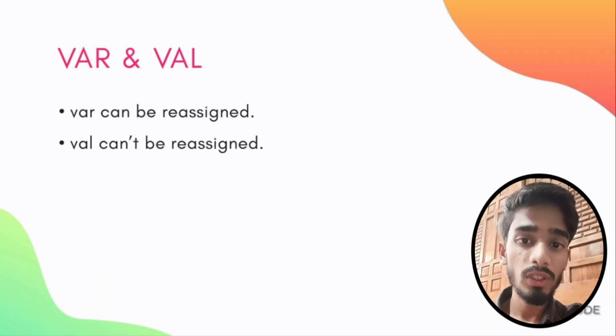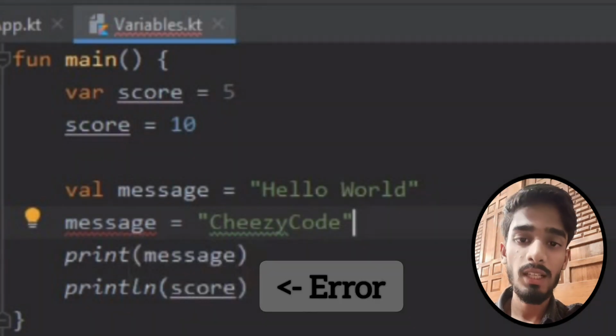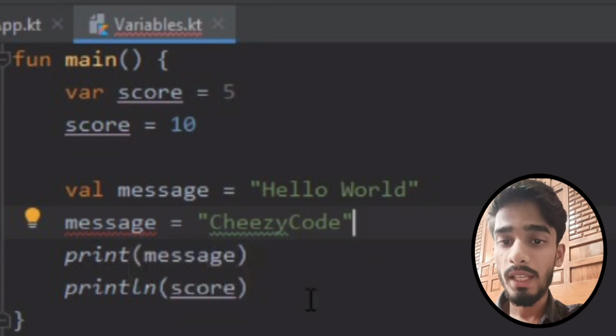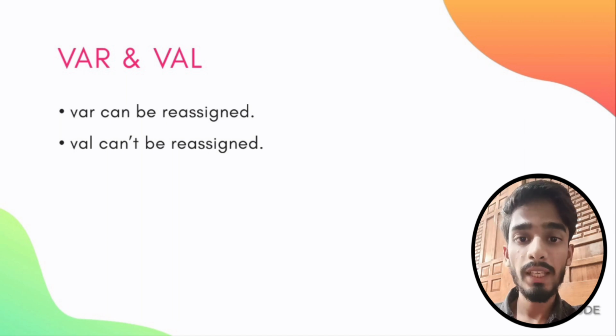One is constant variables, one is non-constant variables. Non-constant variables we define with var, and the constant variables we define with val. The constant variables, once defined, will have the same value; they cannot be reassigned. And the second thing is the non-constant variables, they can be reassigned.